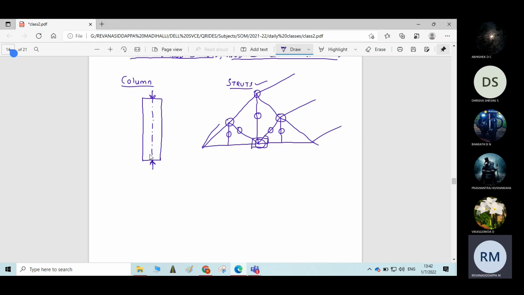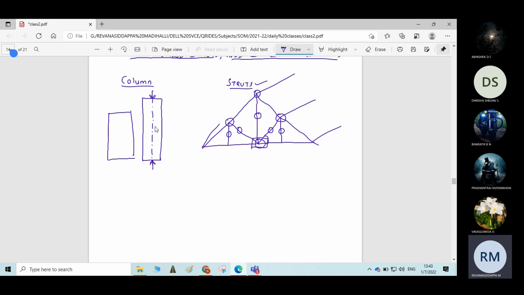There will be a decrease in length of the column and an increase in cross section of the column. That is the deformation that will take place if the force applied is along the centroidal axis of the column.